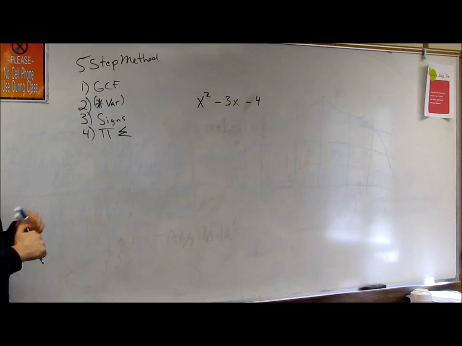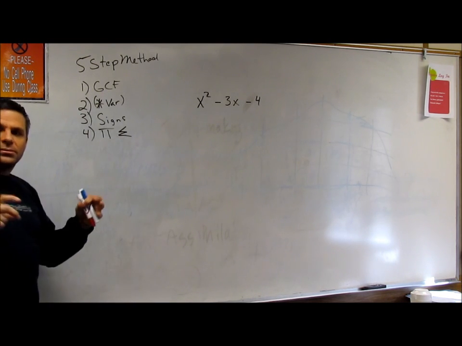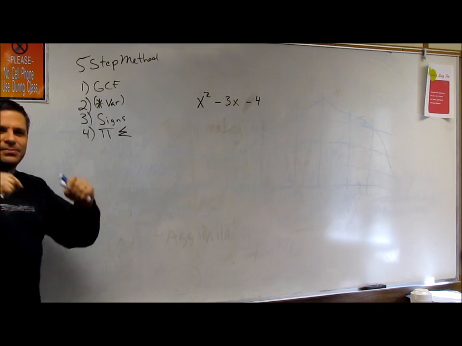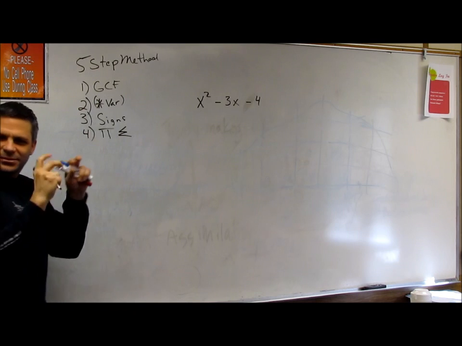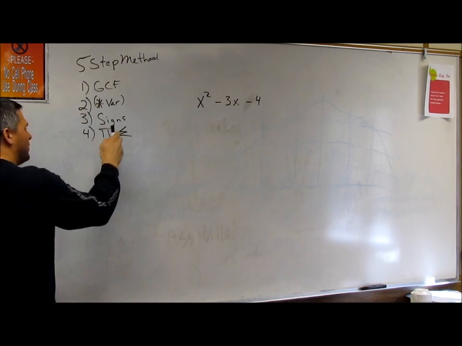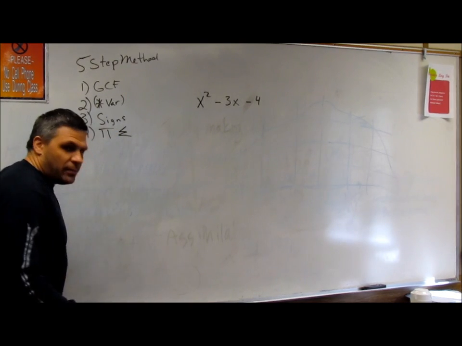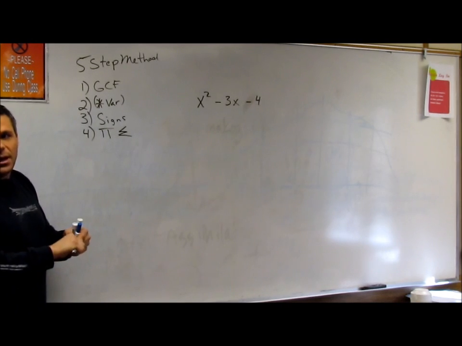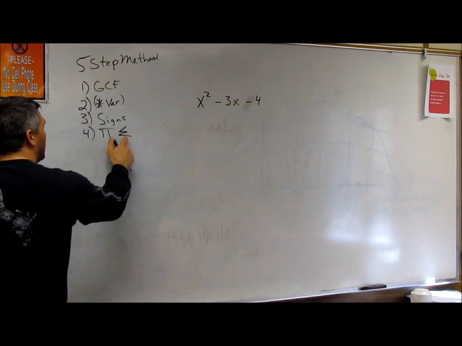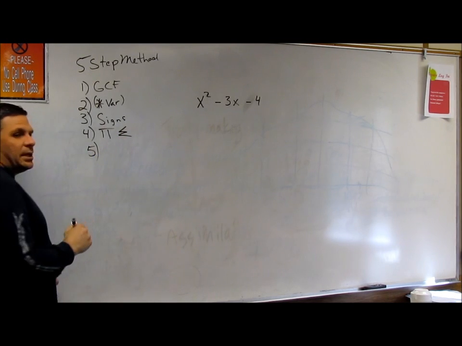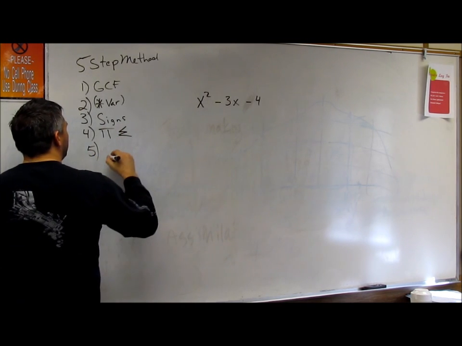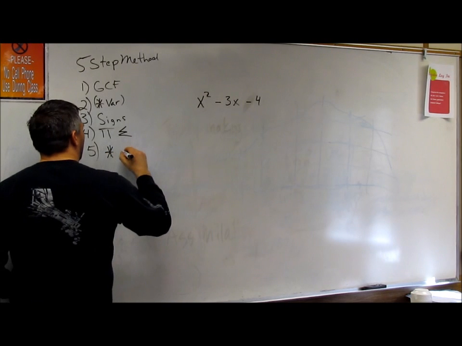So these are signs I'm teaching you. They're new, but I'm just using them more as symbols than as what we're actually doing. So symbols: product, pi, product, p, and sum, sigma, sum. And then the fifth step is star cleanup.